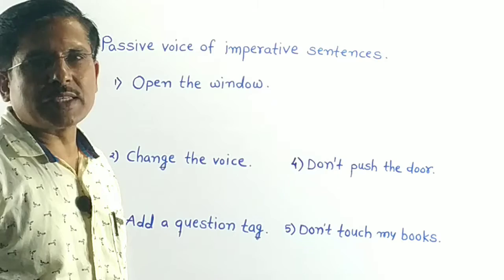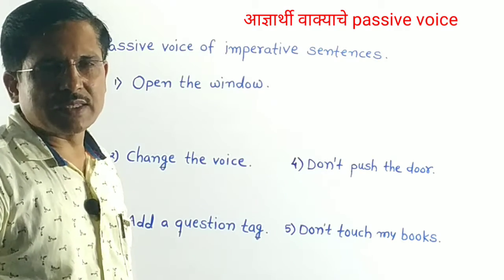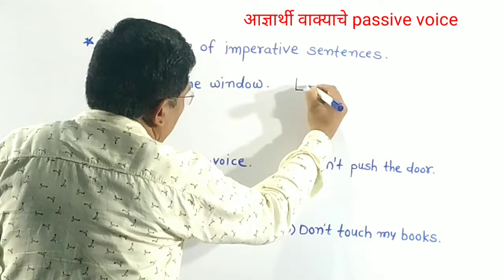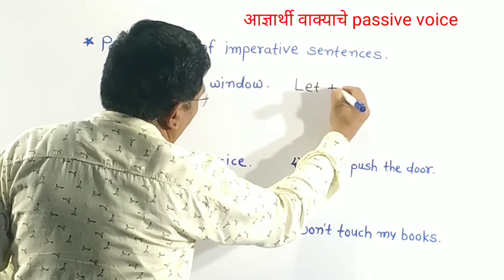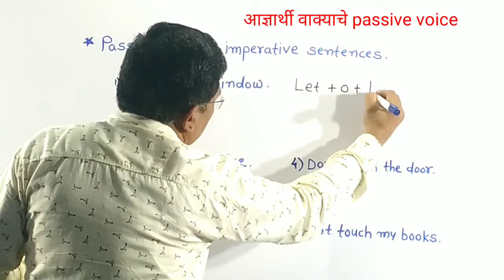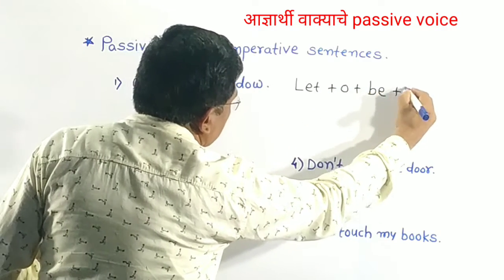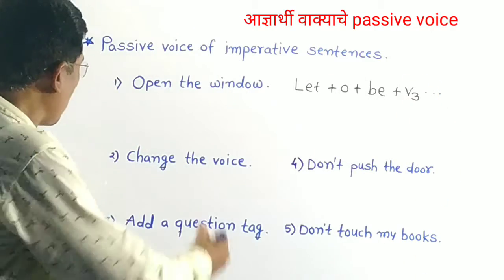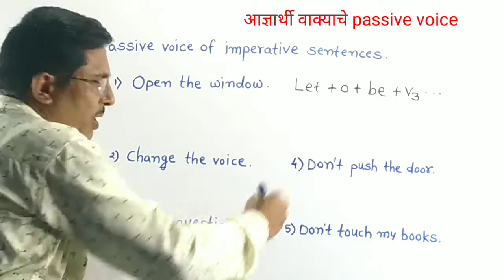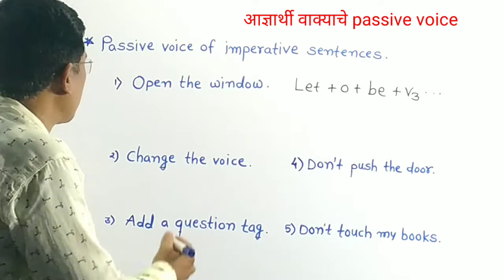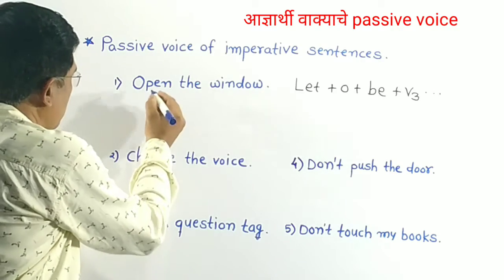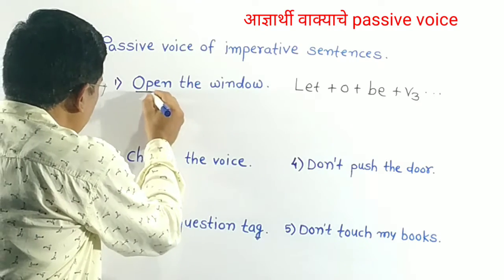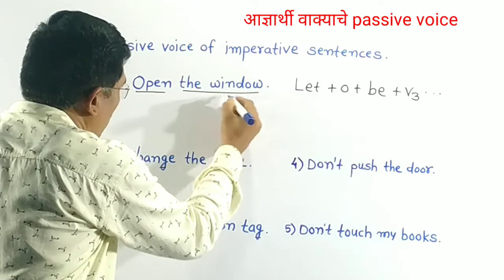While changing passive voice of an imperative sentence, we use this formula: let plus object plus be plus V3. See, all these are imperative sentences. See the first sentence, open the window. Open is verb, the window is object.